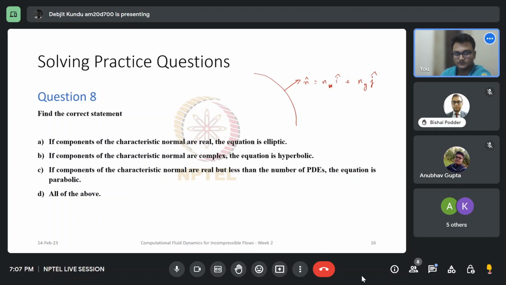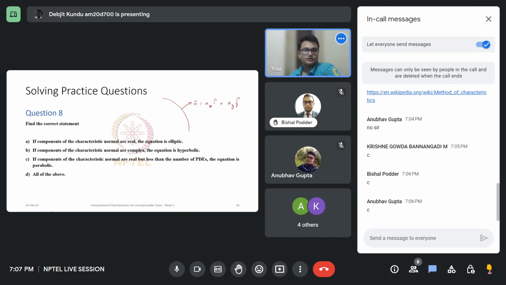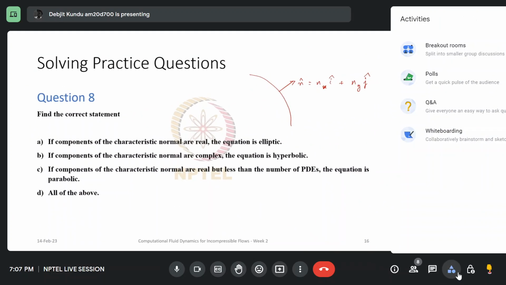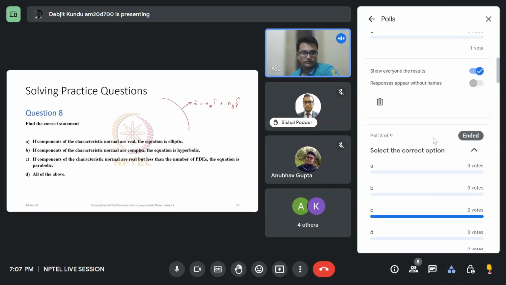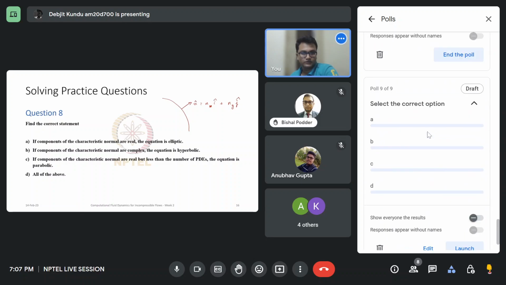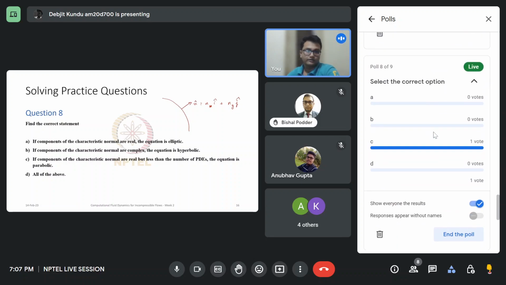Which of these? Or is it option D, all of the above? We have a response in the chat box which says option C, and in the poll also we have one response in favor of option C. So if we look at the correct answer, it is indeed option C.